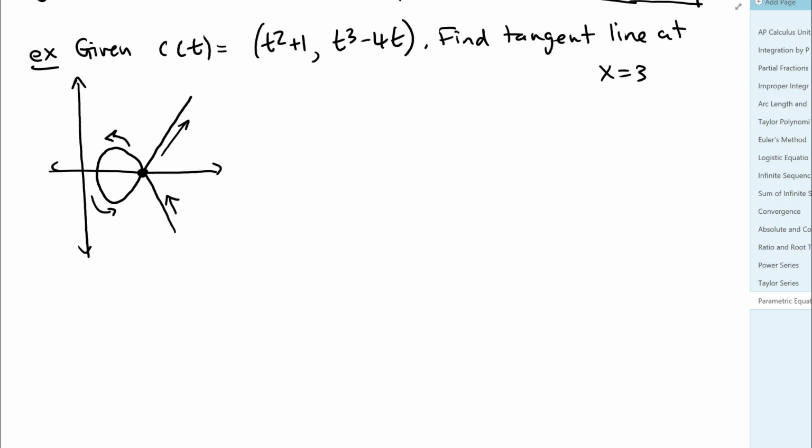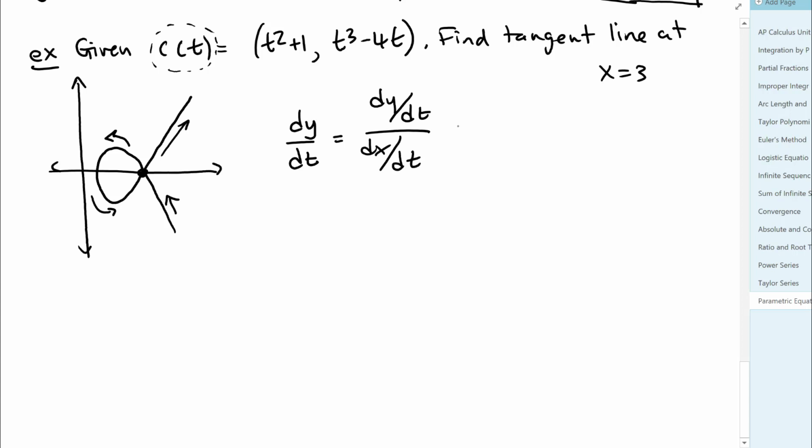So we had this shape, and at 3, we can find its slope by finding dy/dx. But dy/dx for this equation has two different parts to it. It's got its y value component, and it's got its x value component. So we need to do y prime, and we need to compare it to x prime.